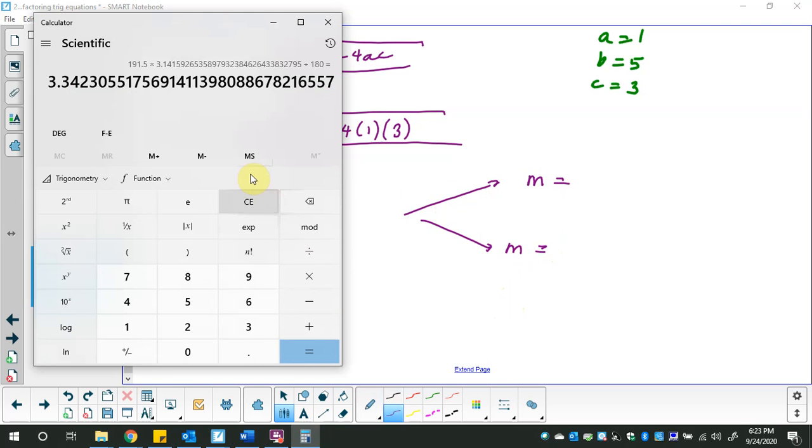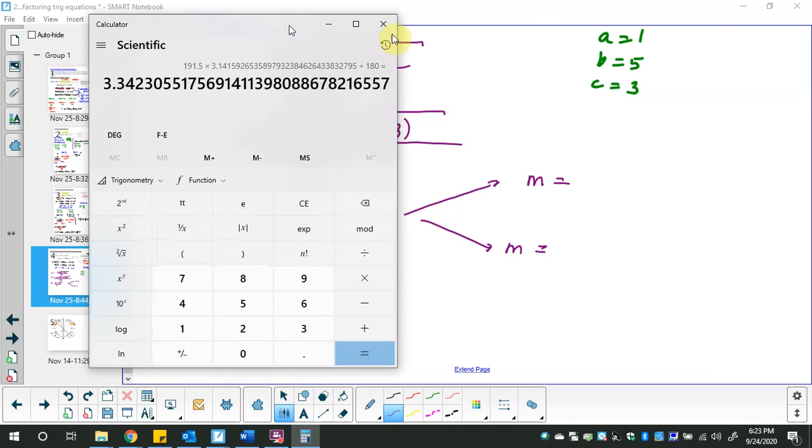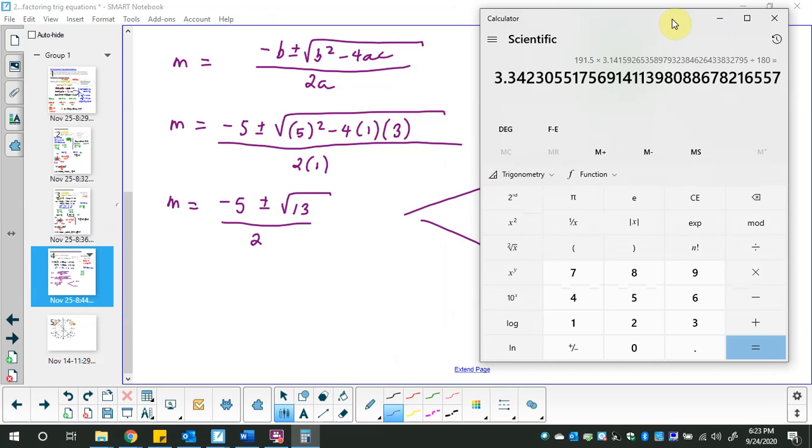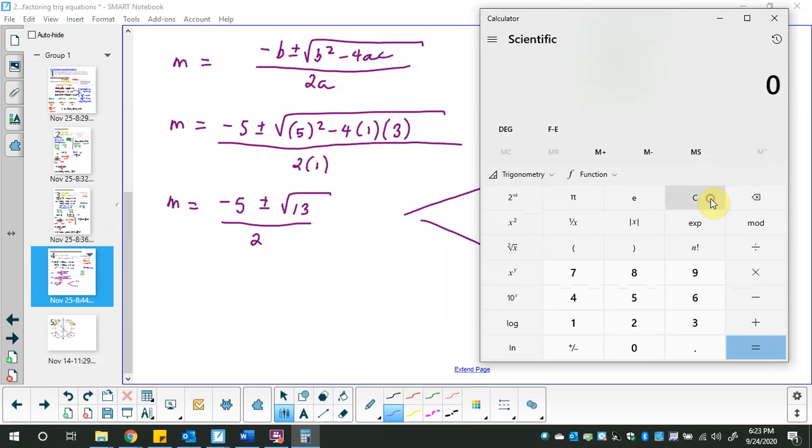So let's move this over so I can see my work. I wish this calculator was a little bit smaller. So, reminder how to plug this in. Negative 5 plus the square root of 13, or the other way around with your calculator, must hit equals to finish off the top, then divided by 2 equals.